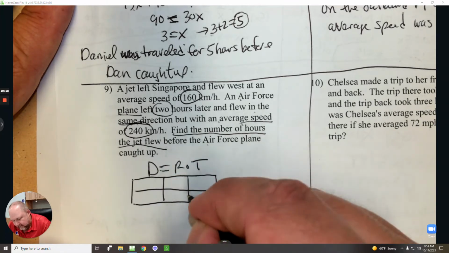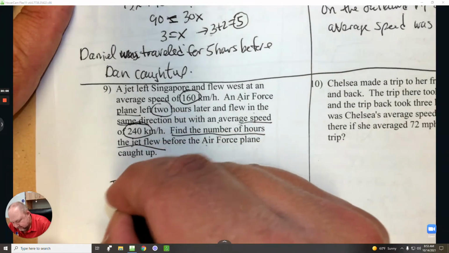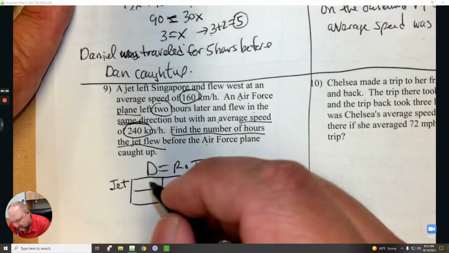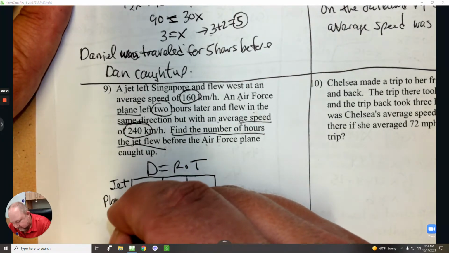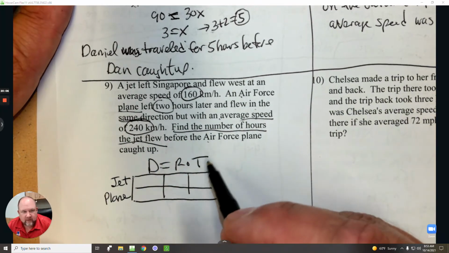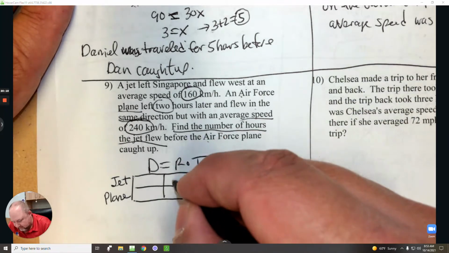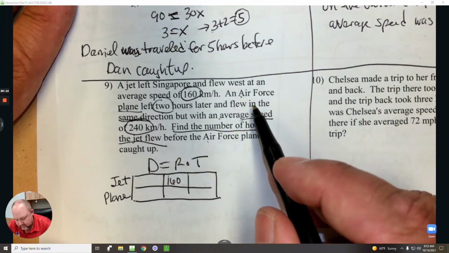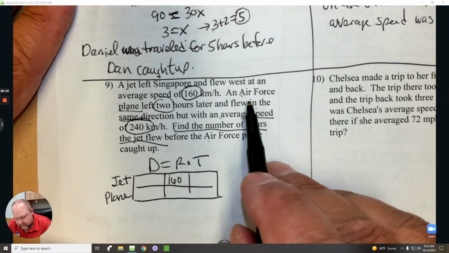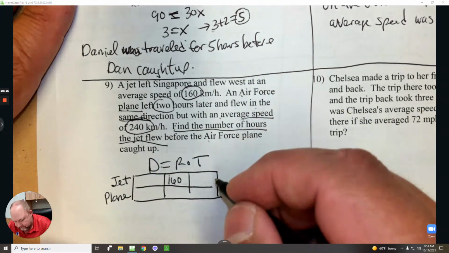In this question, we have a jet and we have an Air Force plane. The jet is flying at a speed of 160 kilometers an hour. We know that the plane left 2 hours later.